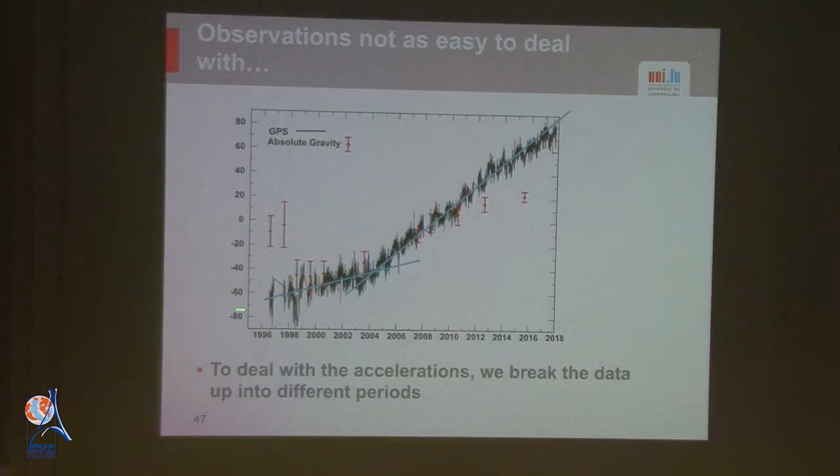Now, when we started this experiment, we really just expected to see a nice linear trend in all of these places, in the gravity and in the GPS data, and that's clearly not what we see. So the best way to deal with this data and to be as honest and transparent as possible with our analysis is to break up the GPS data into these two sections. We clearly have one trend here and one trend here, and that's what we've done.